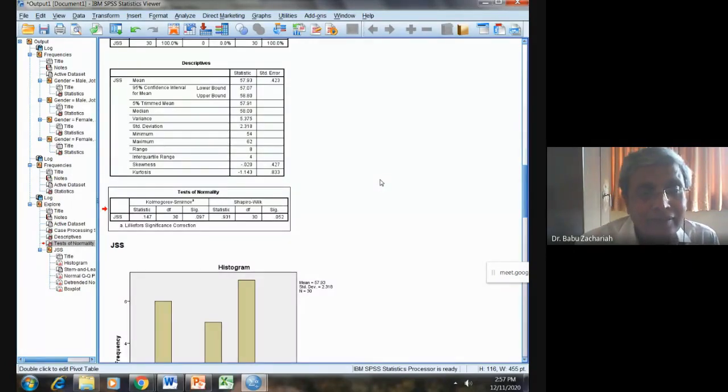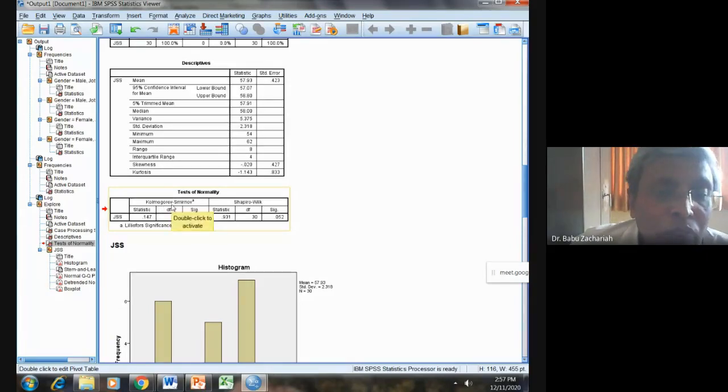Just like the t-test and chi-square test, there is a testing procedure for normality also. Some statistic is calculated and its significance is found. Here they have given two such tests: the Kolmogorov-Smirnov test and the Shapiro-Wilk test. We usually go by the Kolmogorov-Smirnov test, and according to that, the significance is 0.097.